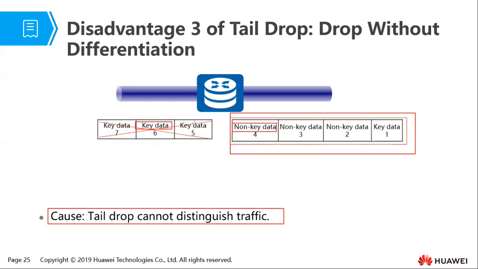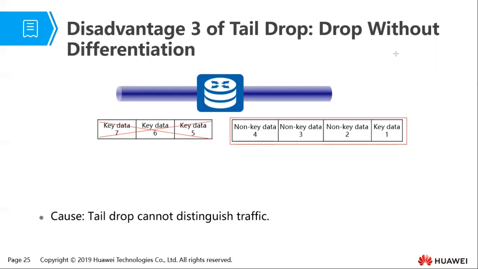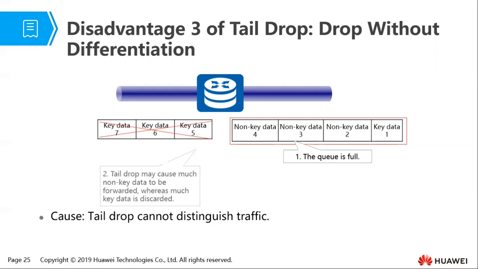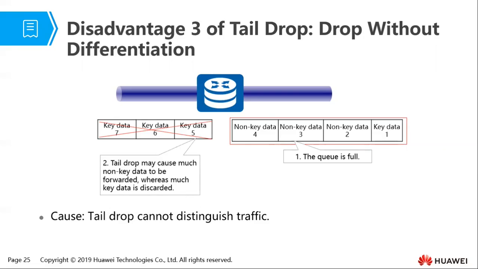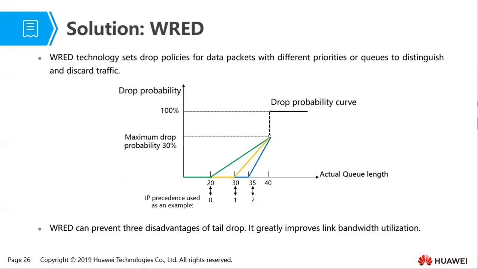As long as the queue is full, anyone else that comes after that will simply be discarded. So how then can we cater for these problems that have been introduced by the tail drop solution?